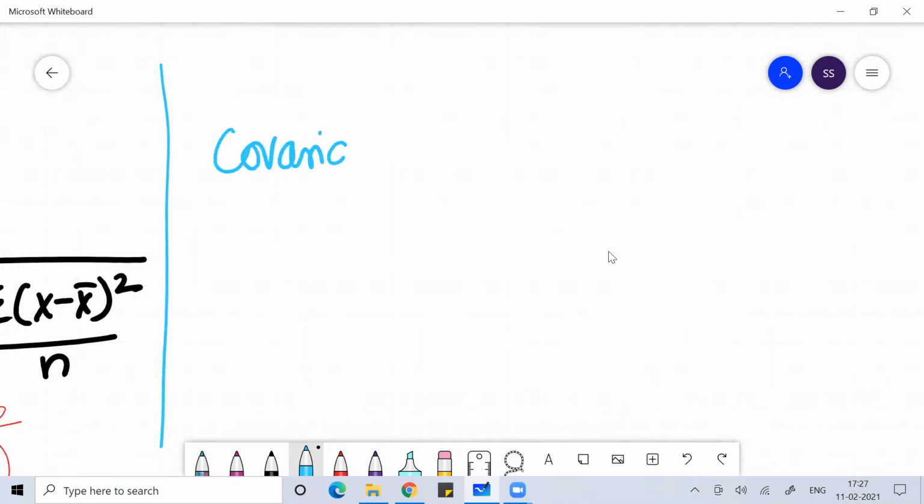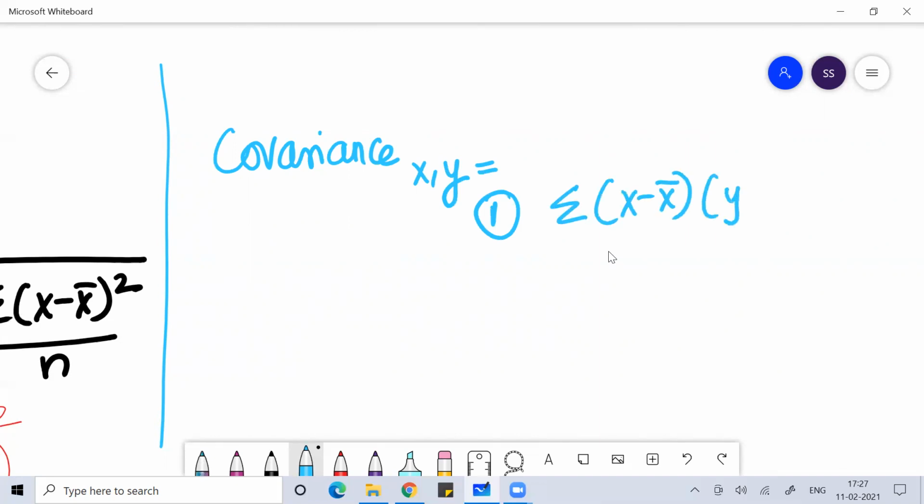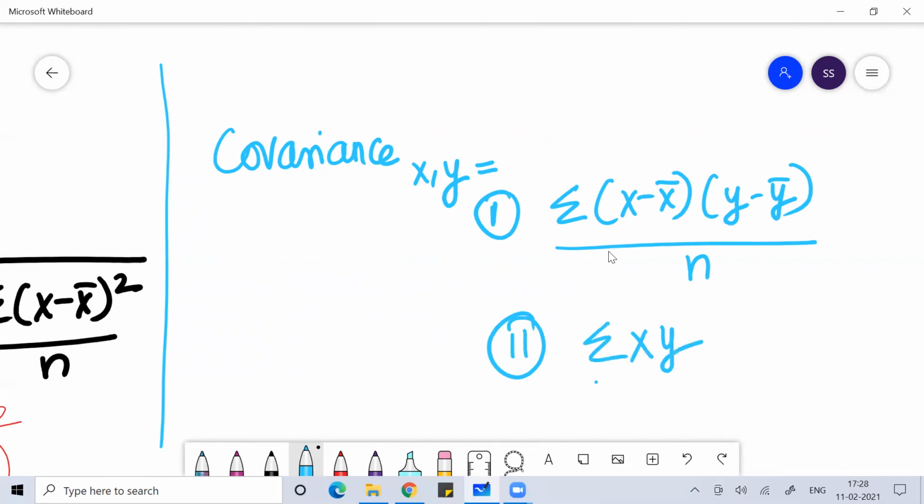So when we say covariance, if there are two variables x and y, the covariance between x and y has two formulas. One is summation of x minus x bar into y minus y bar divided by n. The other formula is summation of xy by n minus x bar into y bar.